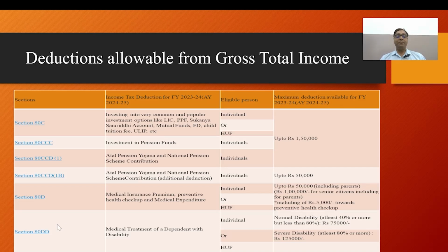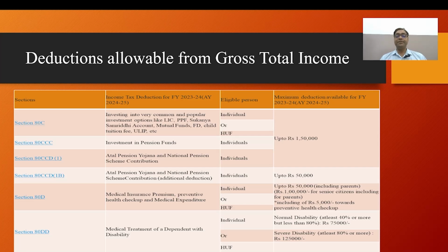Okay, and now section 80DD. It discusses medical treatment of a dependent with disability. The eligible person is an individual or HUF, Hindu undivided family.